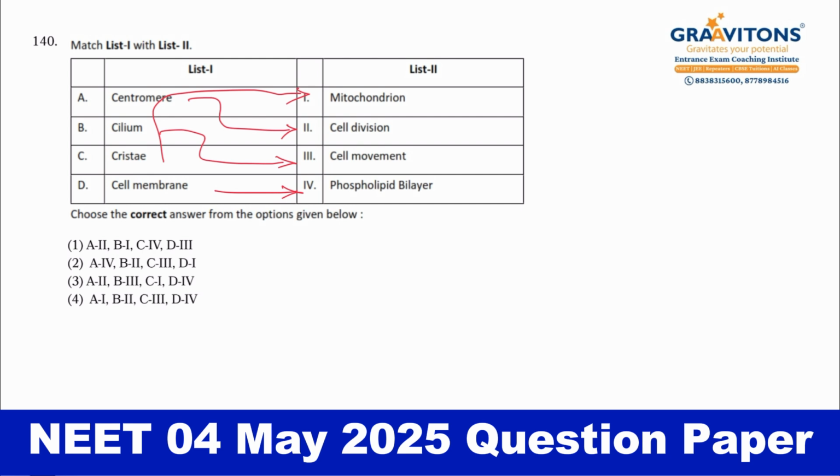So the answer for this question will be option 3: A2, B3, C1 and D4. This question is also present as question numbers 112 and 92. We have mentioned this question in our own Gravitons book, on page numbers 8/36 and 8/39.